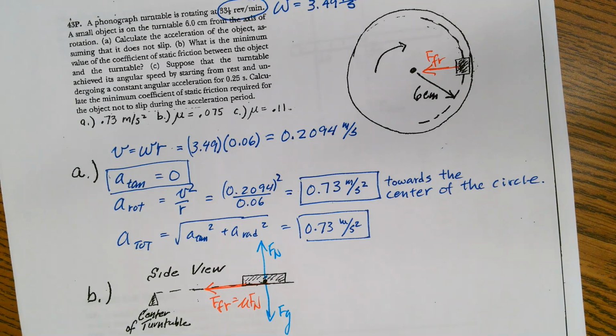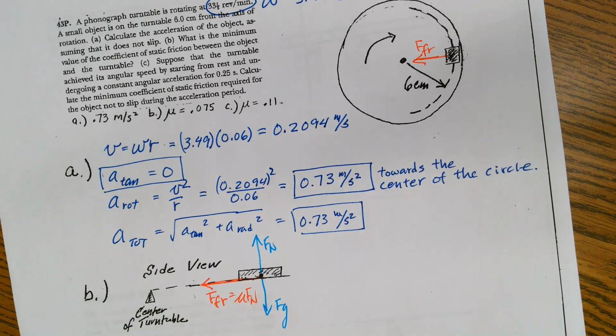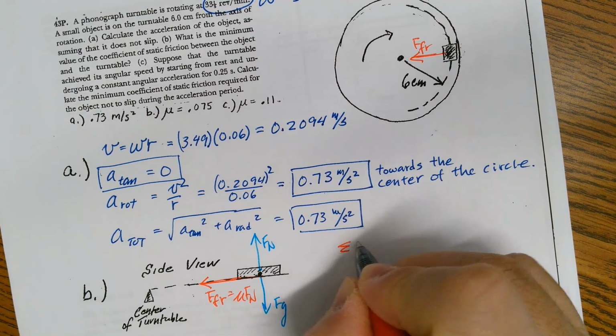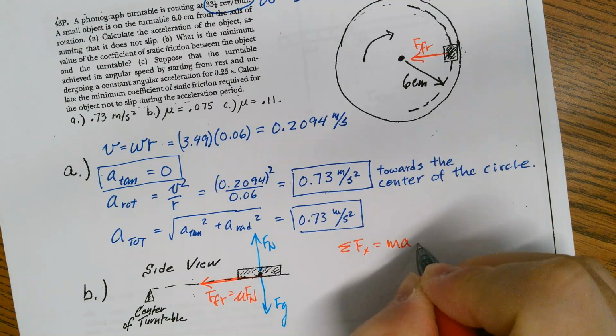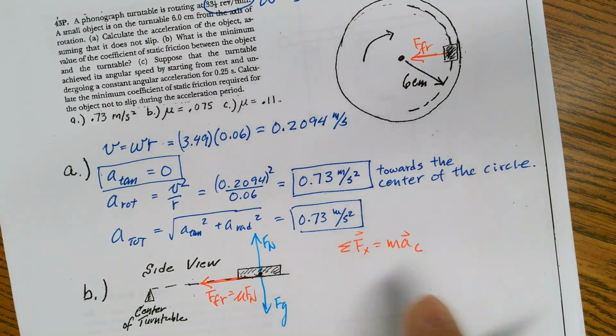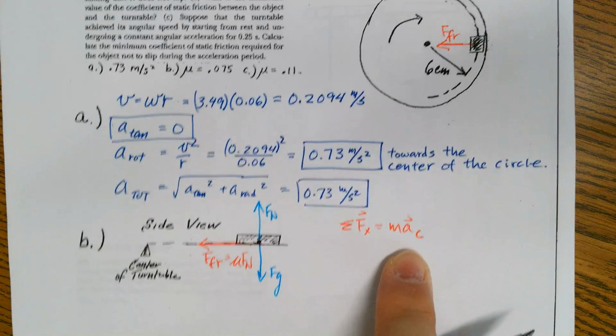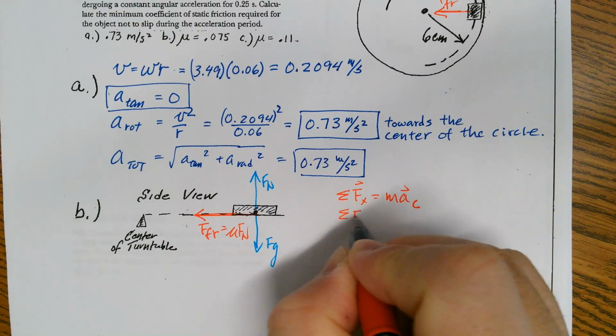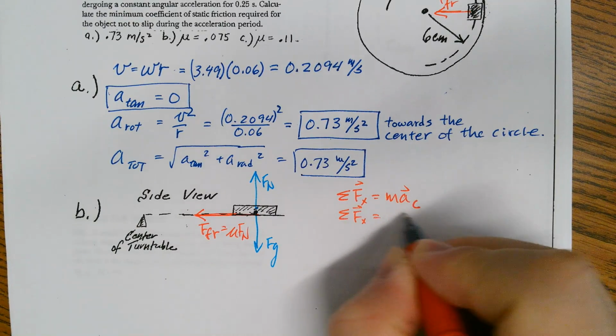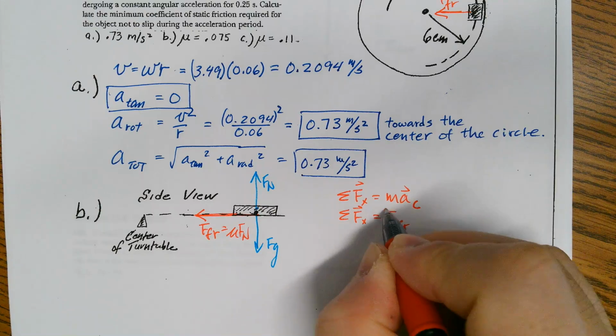So since friction, which color should I use? I'll use red. All right, sum of all forces in the x direction is equal to m a_c, right? Because it's going in a centripetal acceleration here. Then sum of all forces in the x direction, there's only one, and that's F friction.